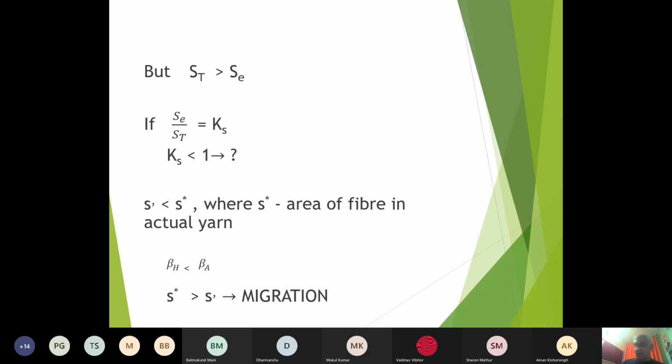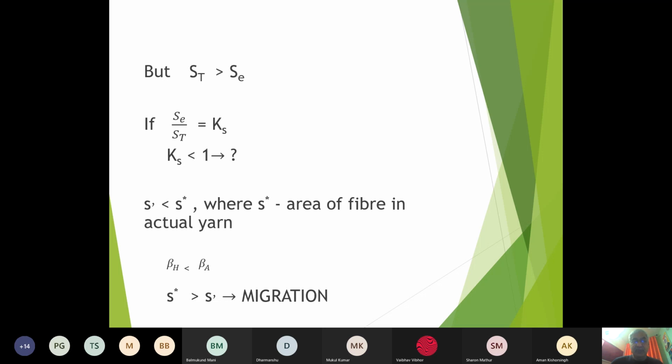So any question? Before I take some case studies, I will explain this value of Ks and Kn, and on that basis we will explain different yarn properties. So you'll realize the significance.